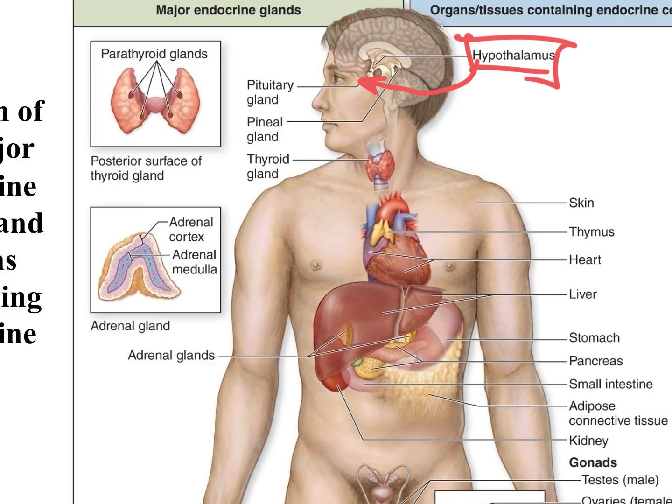All right, we have the thyroid. The thyroid sits in the base of the neck. It's a butterfly-shaped organ on either side. The thyroid gland helps to regulate metabolism. All right, the pineal gland, also found in the brain, that produces melatonin, helps regulate your sleep-wake cycles, your circadian rhythms, right, etc.